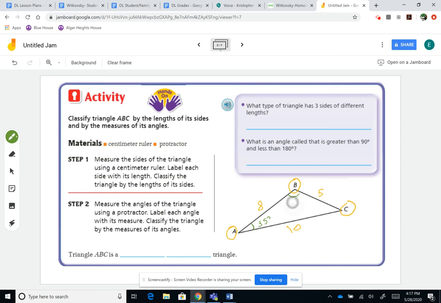Is 120 degrees. And the last angle is 25 degrees. Okay, so now we have 3 different lengths and we have 3 different measurements for the angle.